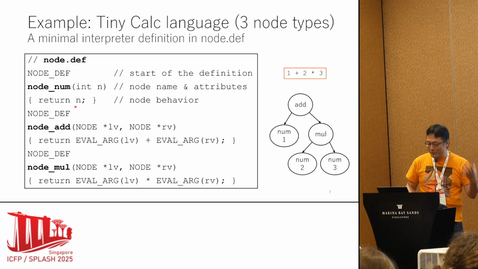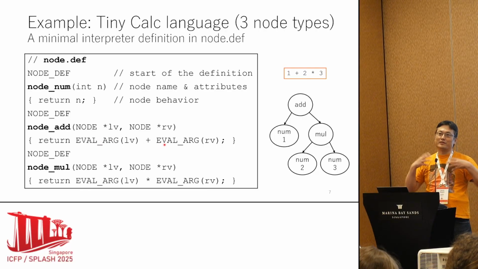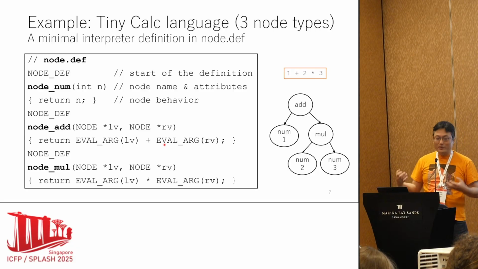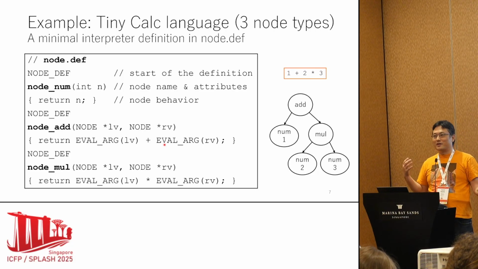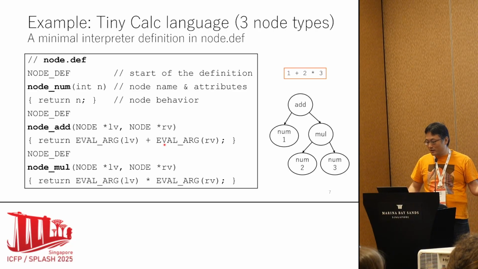So node num only returns the field number, and the node add receives child nodes LV and RV and evaluates them and adds the evaluated results. So I think there is no question about that. It is very easy to write.